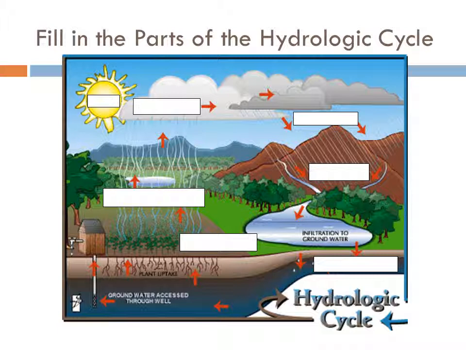So again, if we take the sun out of this picture, the whole cycle gets broken. So what role does sunlight play in the hydrologic cycle? Getting back to your notes packet. It triggers evaporation, which fuels the whole cycle.